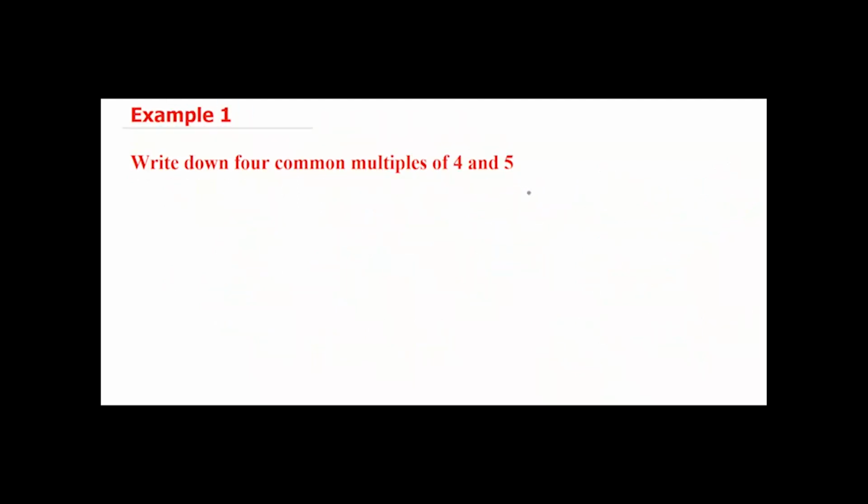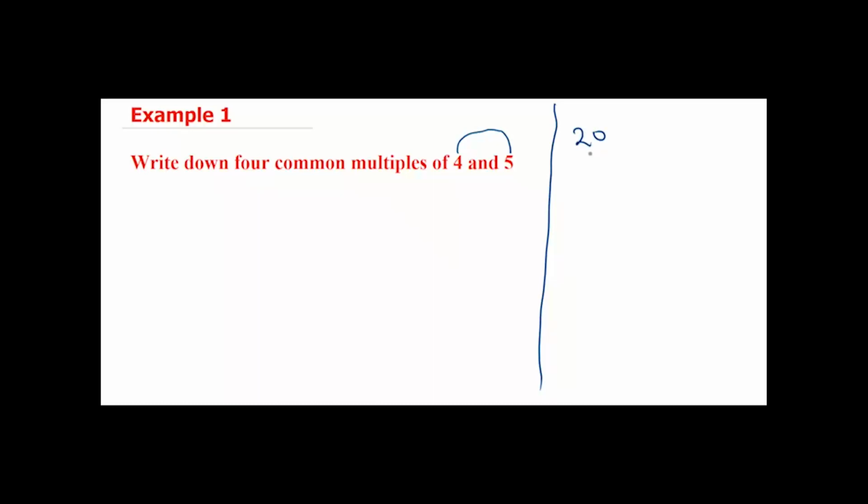Okay, so let's look into about 5 examples. This is the first one. Write down 4 common multiples of 4 and 5. So if you want to do it using the shortcut I told you, what you need to do is to multiply 4 and 5. That will be 20.